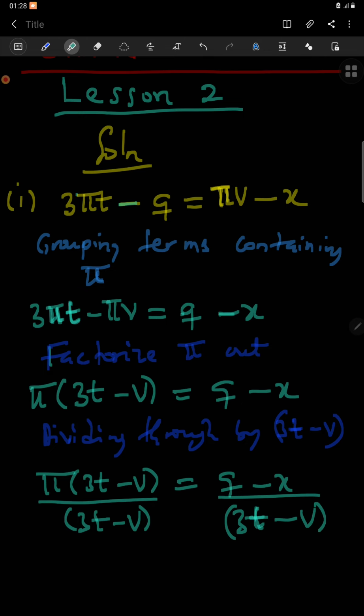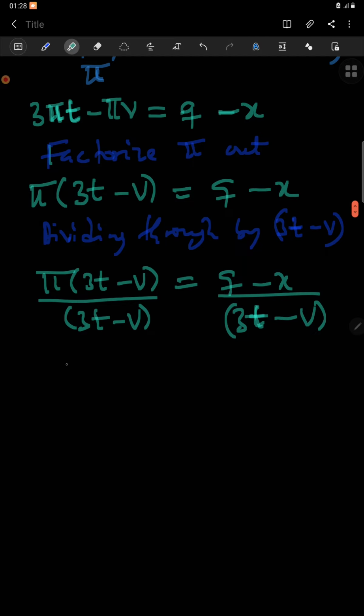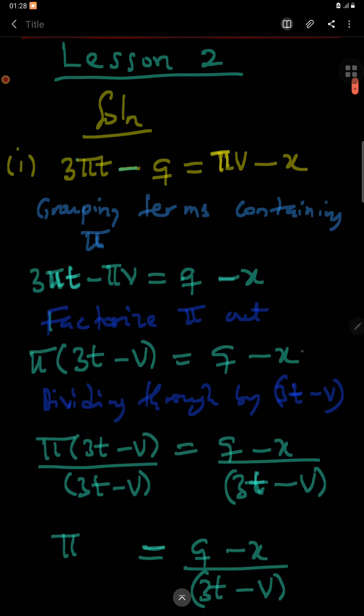Right, so 3t minus v divides, you get 1, and we are going to be left with pi, which is going to be q minus x over 3t minus v. So this answers our first question.